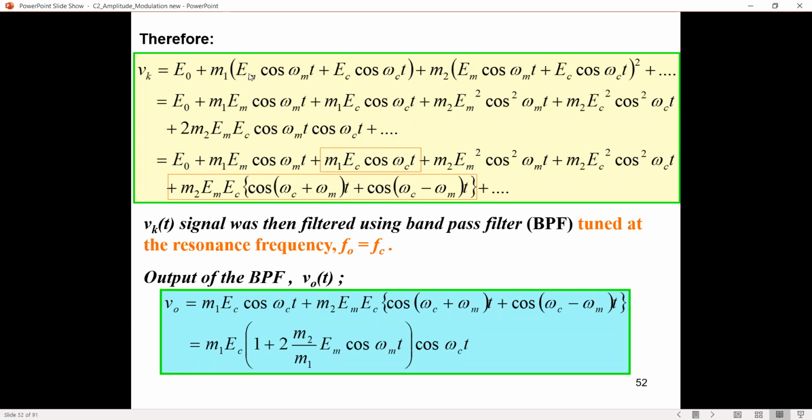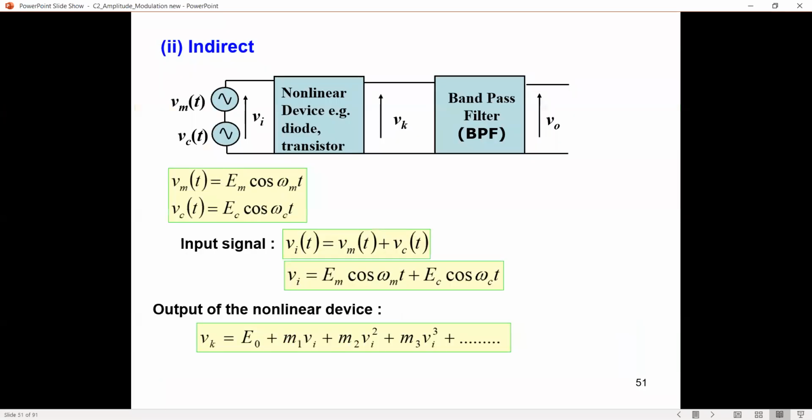The V out here depends on this VK function. Normally this VK will be given, which is the function of your nonlinear device. Then you just put in your VI and expand.